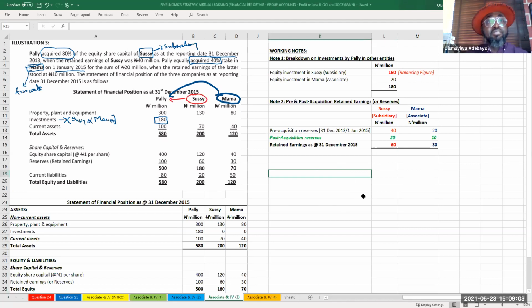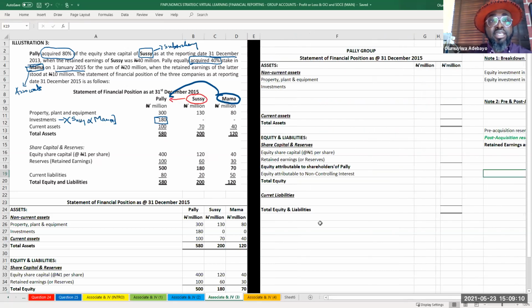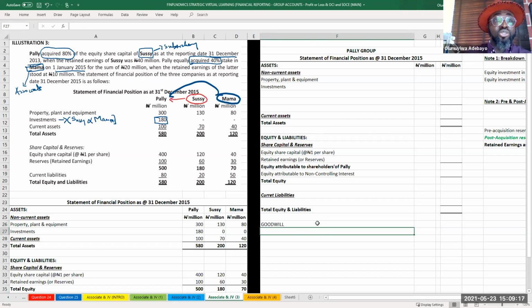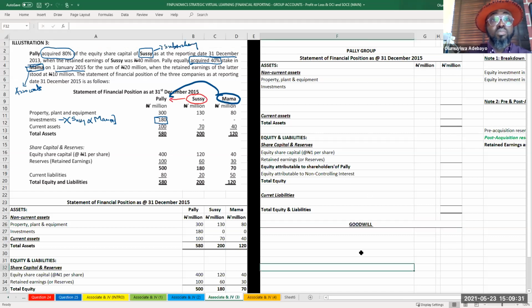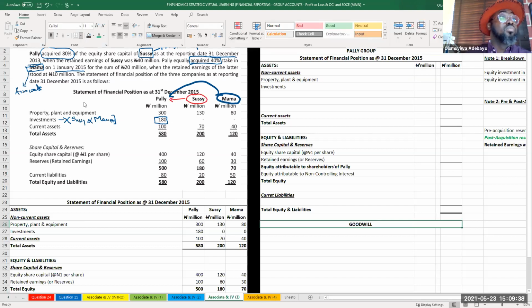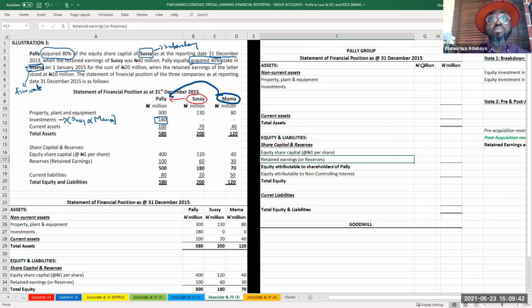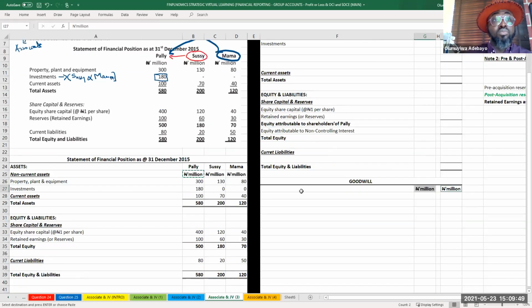Now, I believe with respect to the fact that we have established that Susie is a subsidiary, we need to determine goodwill, if any, in Susie. Cost of business combination.